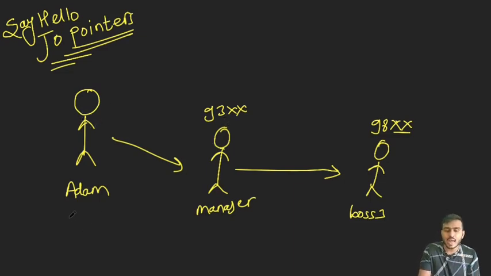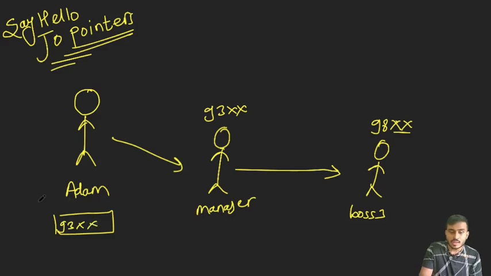Now what does Adam have? Adam has one card, and on that card he has the number of the manager. So let me write it over here. Now what is this card? This card is nothing but a pointer. What is this? This is nothing but an address of the manager. Okay.